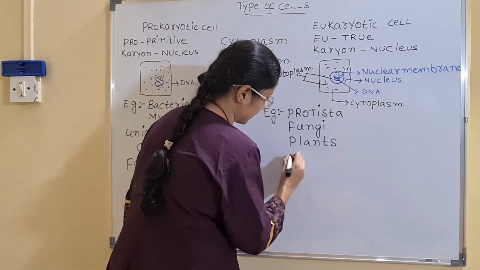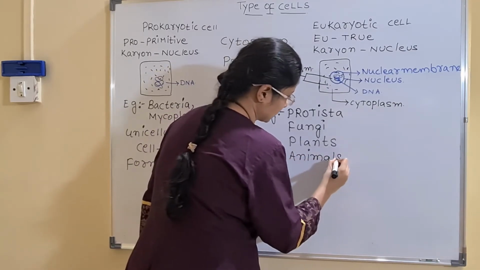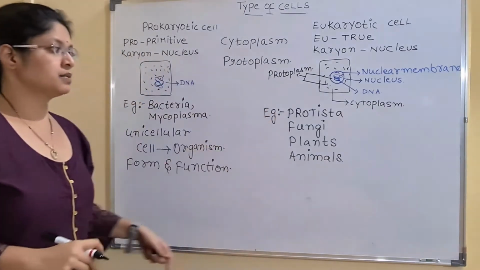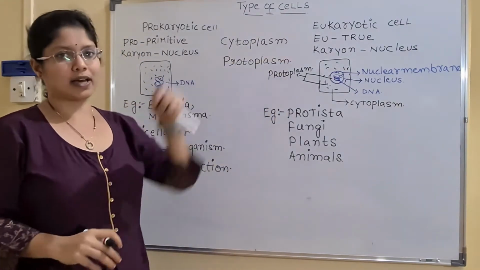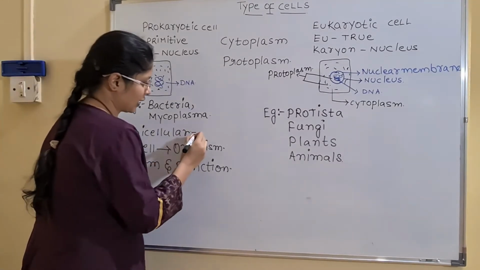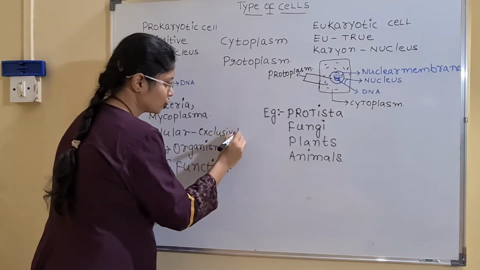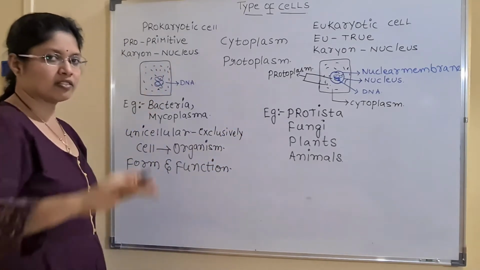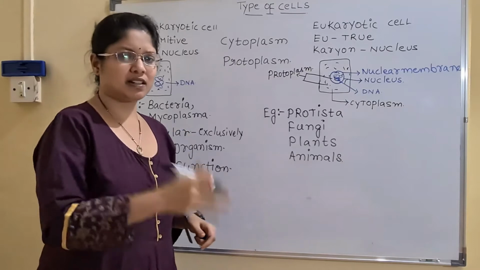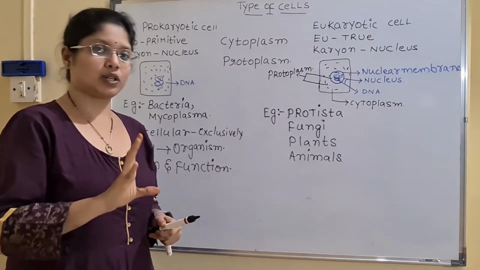And we have animals. Humans are included here. So all these organisms are included under eukaryotic cells. What I have told you, the unique feature of prokaryotic cells, is that they are exclusively unicellular in nature. No doubt, if a prokaryotic cell is being discussed, you have to keep in mind that the organisms are unicellular.